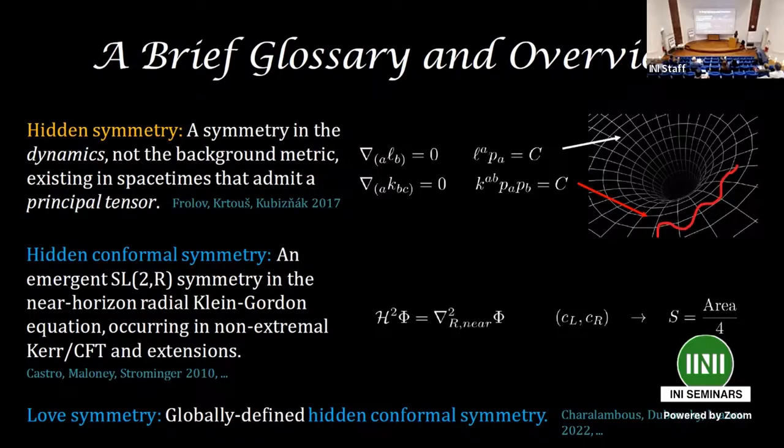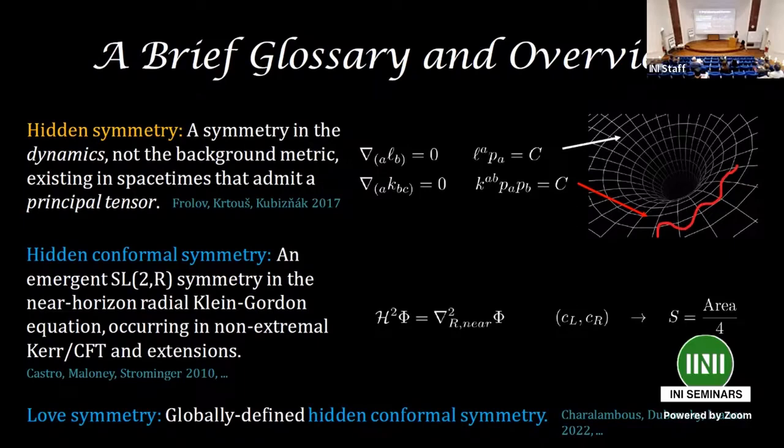This one basically comes down to matching the SL(2,R) Casimir to some sort of approximation, not the full scalar Laplacian, not even the full radial scalar Laplacian, but some near horizon limit in the dynamics.